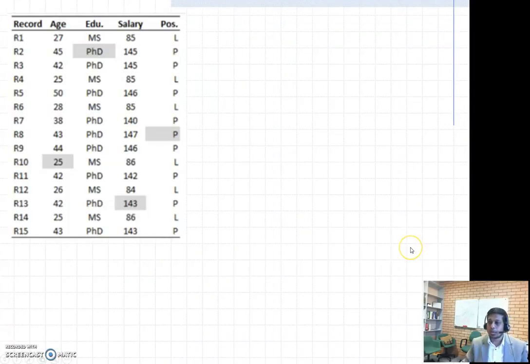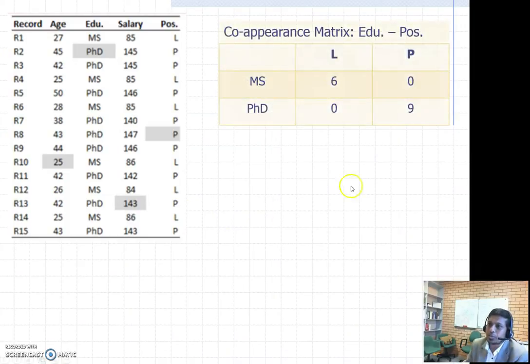Now let us explain the basic concepts of our proposed technique, FIMUS. We first study a data set and analyze it in a couple of different ways. The first thing is the coappearance matrix.